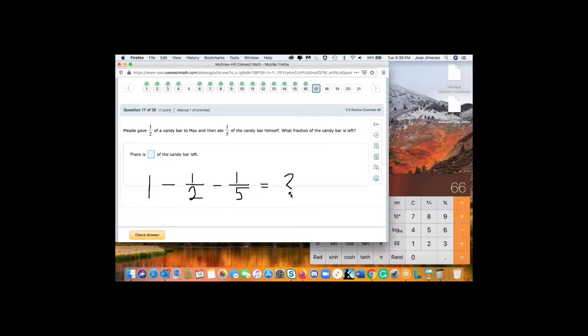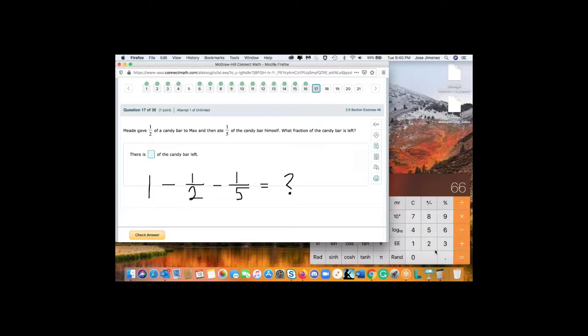So that's the idea. The whole candy bar, which is 1, we subtract half of, because they gave half to Max, and then we eat 1/5 of the candy bar itself. So we're still eating the same candy bar. So what fraction of the candy bar is left? That's the question.